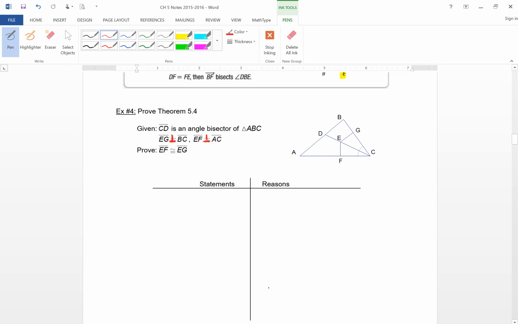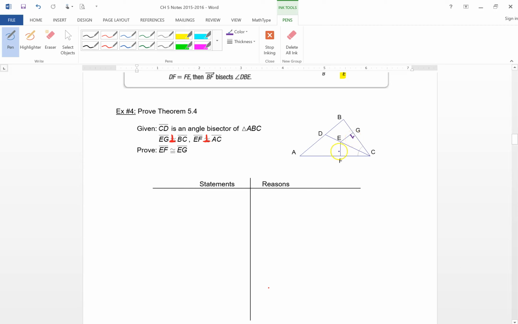All right? So CD is an angle bisector of triangle ABC. EG is perpendicular to BC here.